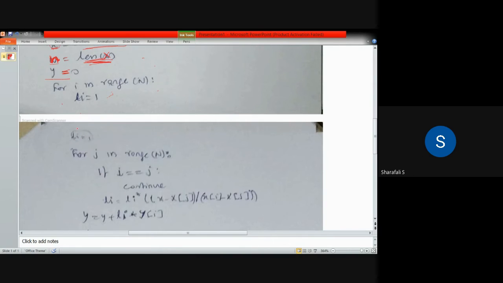Then let us consider Li equal to 1. Oh, this is already there, so we don't have to write it here. This Li is initialized here anyway. So let us first consider the inner loop.